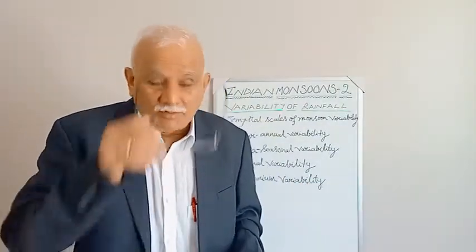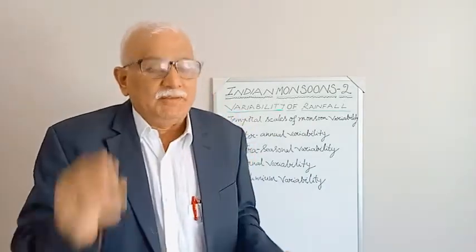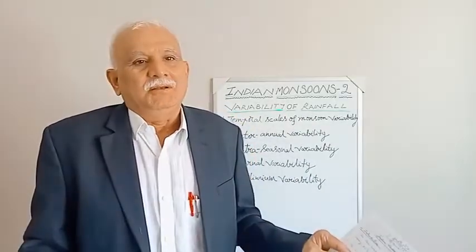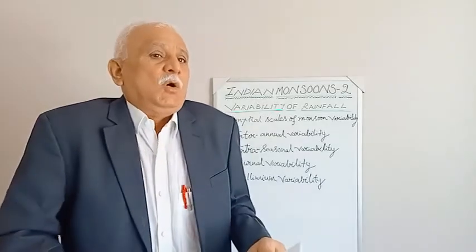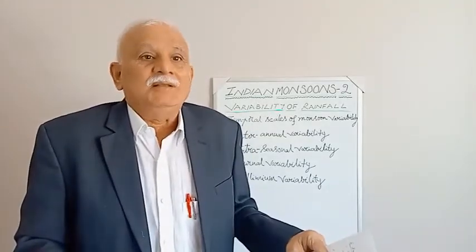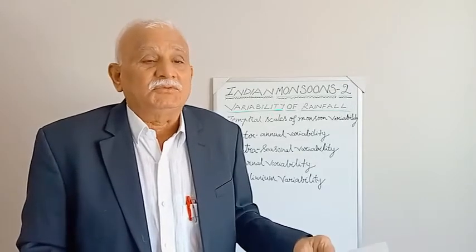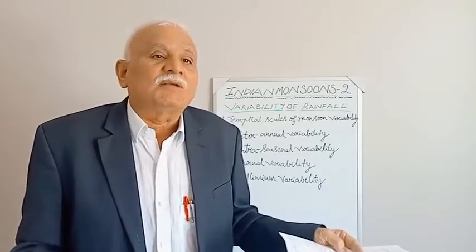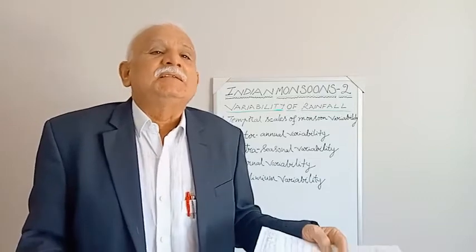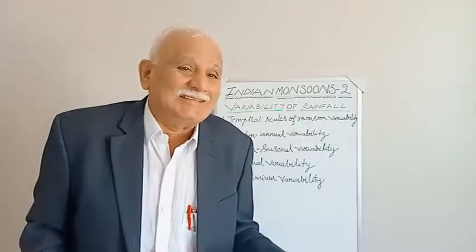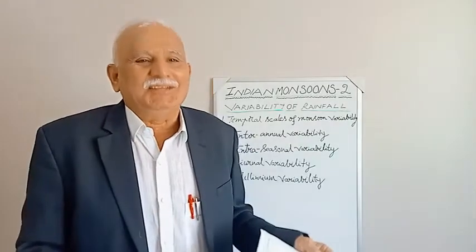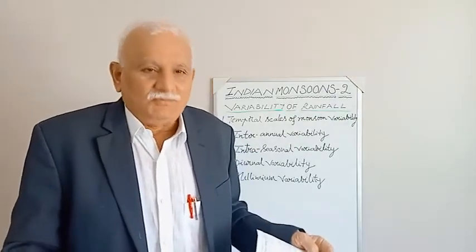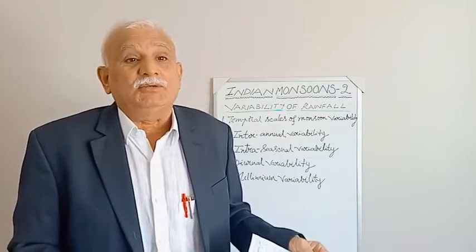So that's why we try to understand in a very simple way, exclusively useful for us agrometeorologists, not the whole of climatology. Climatology of the variability of monsoon has enormous monographs and a good number of books. For the last 400 years, there have been a good number of theories. Halley proposed it slightly over 300 years ago.